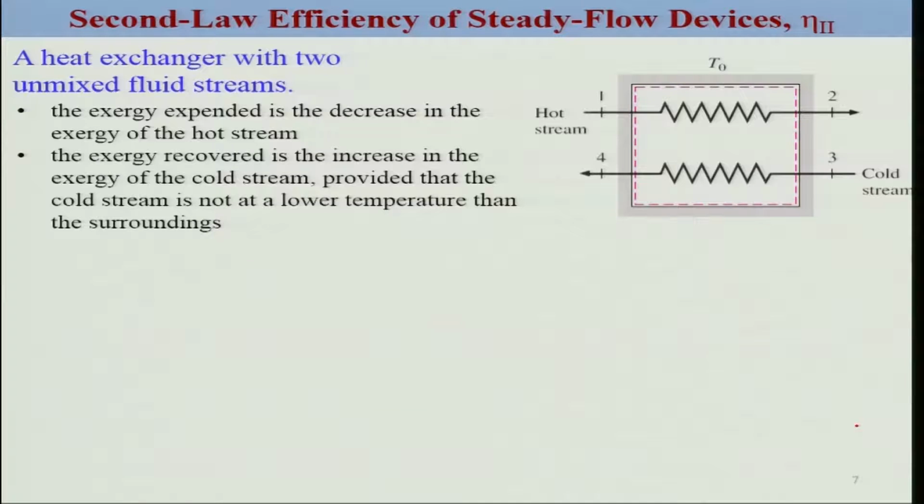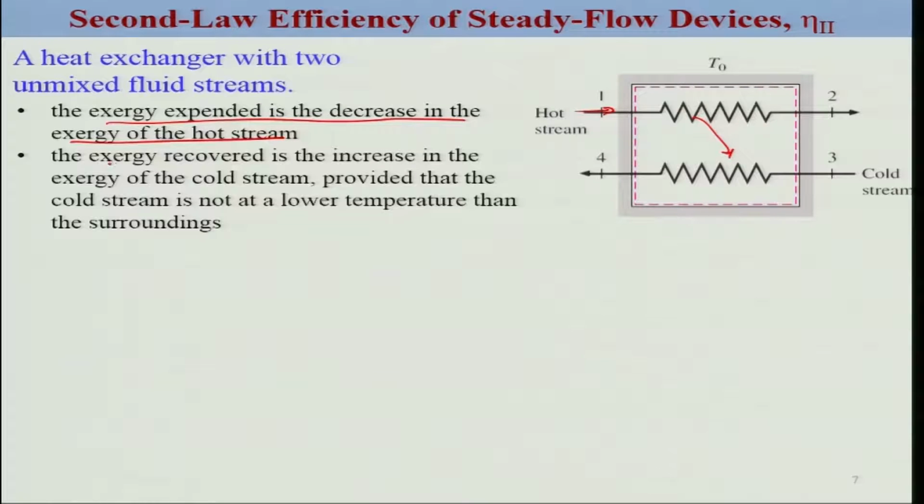So now let us look at the second law efficiency for a heat exchanger. Here is a heat exchanger with two unmixed fluid streams, and in order to find out the exergy expended, we can consider the hot stream, 1 and 2, or particularly 1, which loses energy to the cold stream, and thus your exergy expended is the decrease in the exergy of the hot stream.